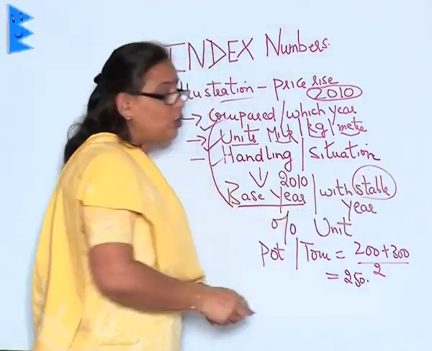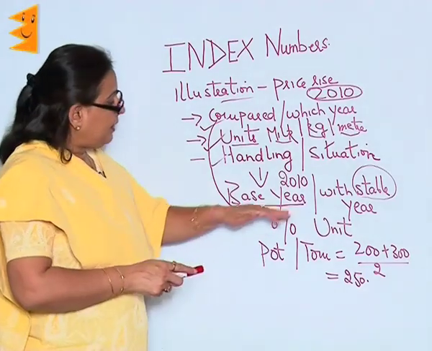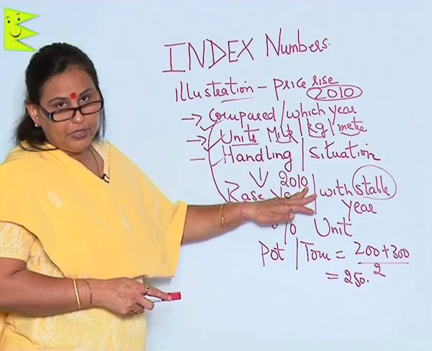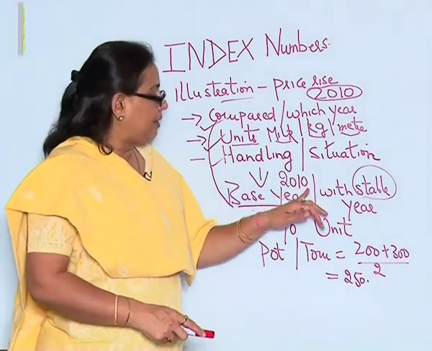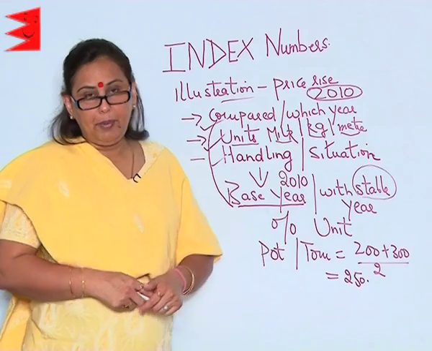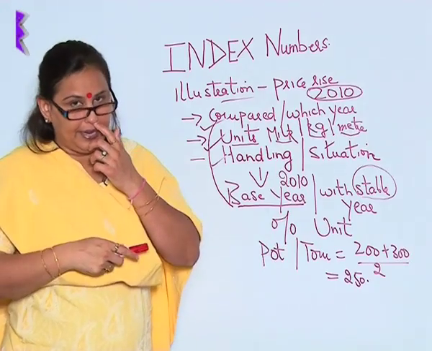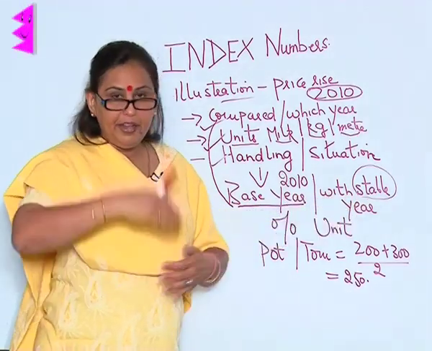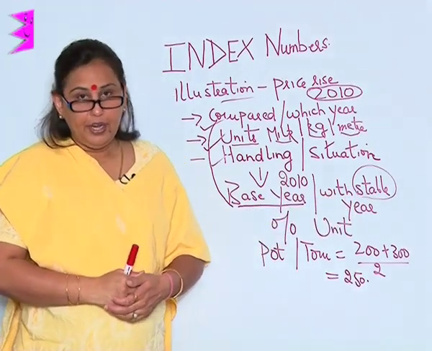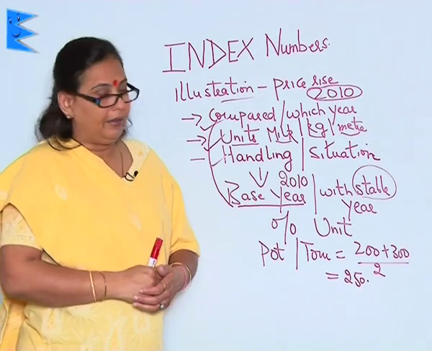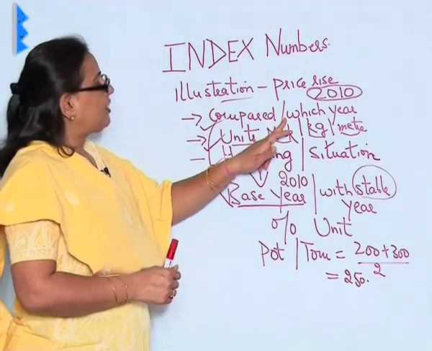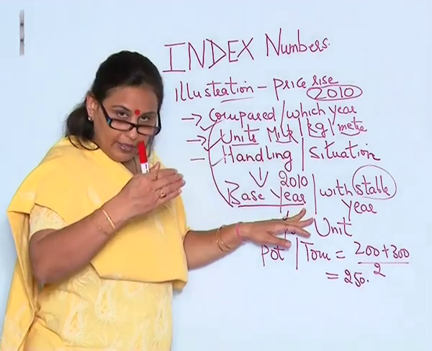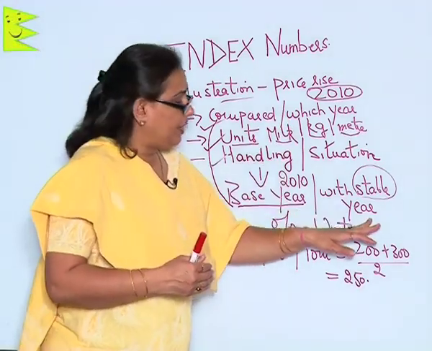That is, it should be a stable year and a year which is closer to 2010. It should not be that for comparing 2010, I pick up 1910. That is no comparison. Or I take a year in which there was a lot of inflation. It wasn't a very stable year. So, the first question answered is that the year has to be closer and it has to be a stable year.